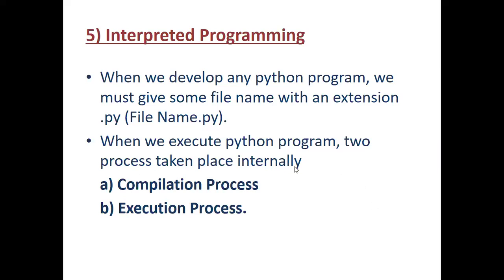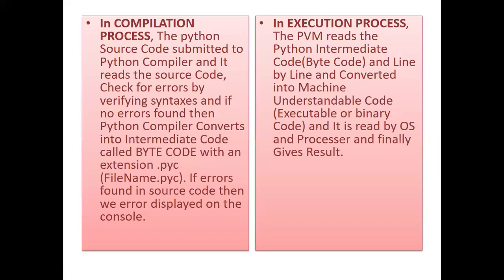First, we need to understand the compilation process. In the compilation process, Python source code is submitted to the Python compiler. Whenever we have the source code, it will be submitted to the Python compiler.